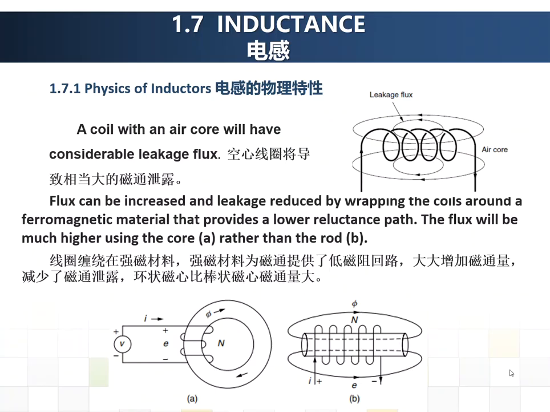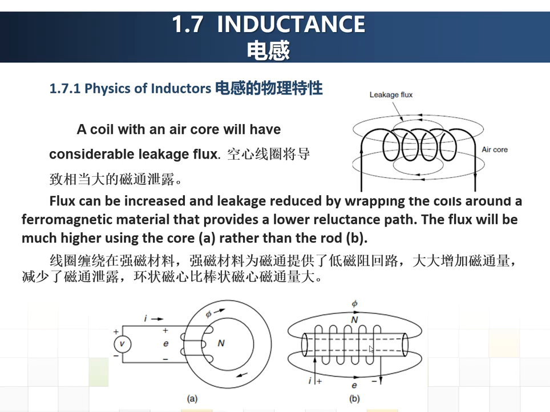Now let's study section 1.7, Inductance. 1.7.1, Physics of Inductors. A coil with an iron core will have a considerable leakage flux. Flux can be increased and the leakage can be reduced by wrapping the coil around a ferromagnetic material that provides a lower reluctance path.